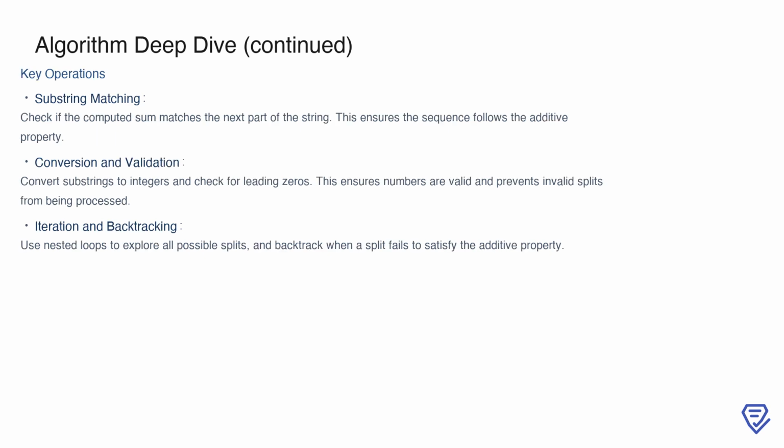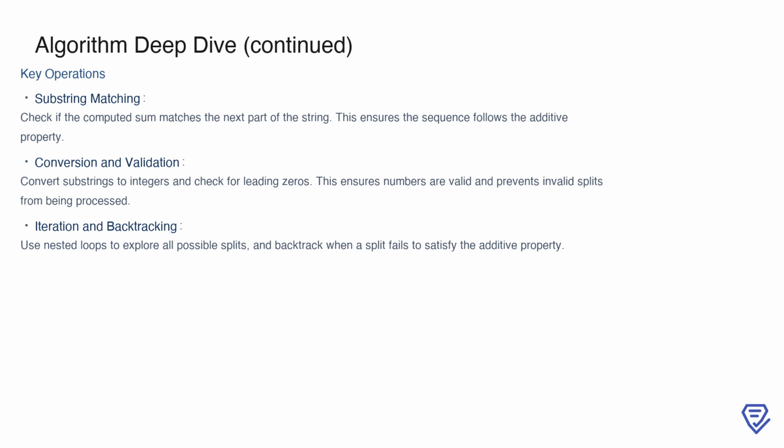The algorithm also involves several core operations that are critical for validating an additive sequence. Substring matching is one of these operations. When we compute the sum of 2 numbers, we check whether the resulting value matches the next part of the string. This ensures that the sequence adheres to the additive property. Another important operation is the conversion of string substrings to integers, which includes validation to ensure there are no invalid leading zeros.